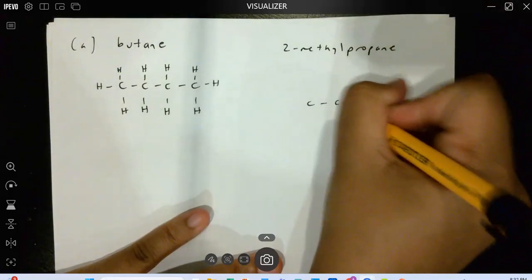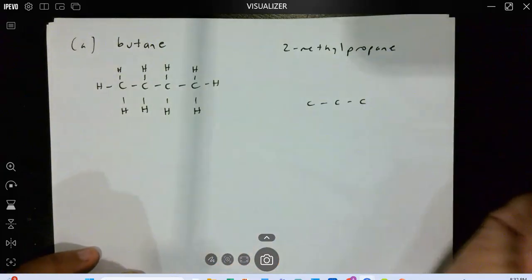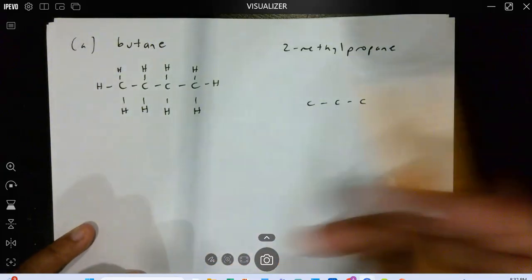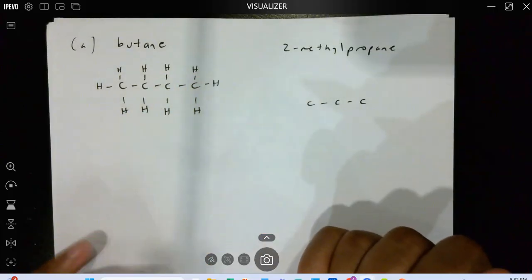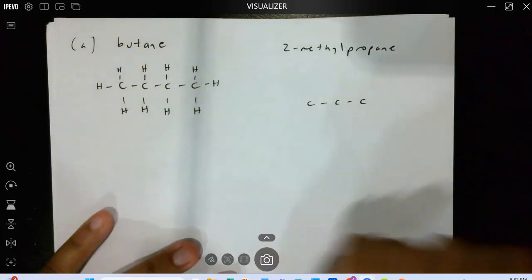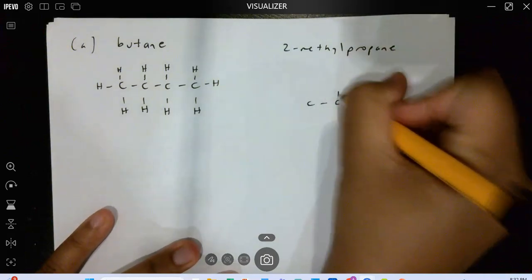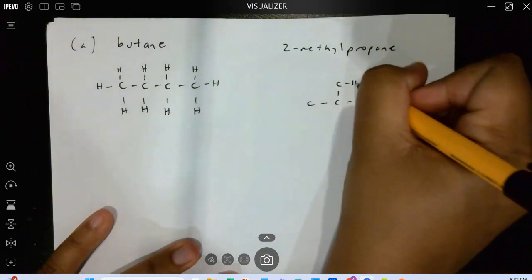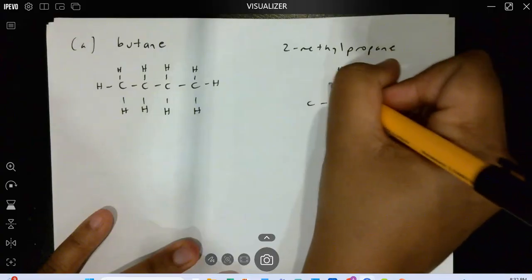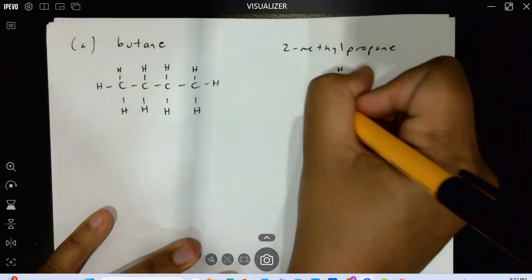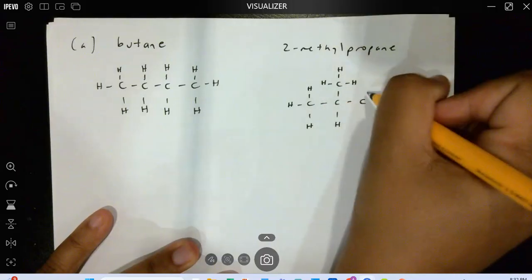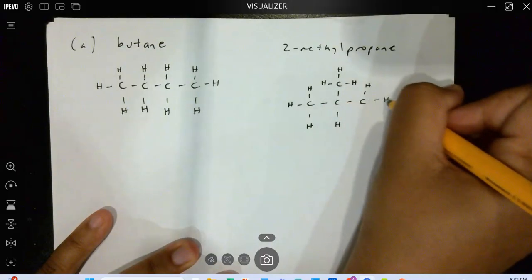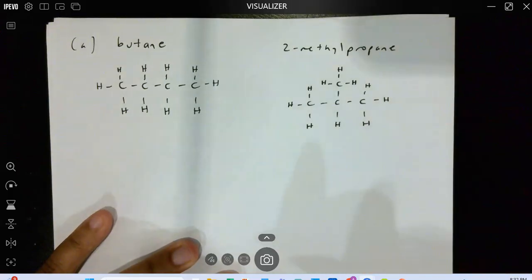So I have to have 3 carbons only in the chain, otherwise it's still butane. If I just take this carbon and put it on the other side, it remains butane. It's now not an isomer. So I have to put my carbon here. And remember, carbon can only have 4 bonds, so I'm being super careful to count around each carbon to see that it has 4 bonds. So that's my first one.